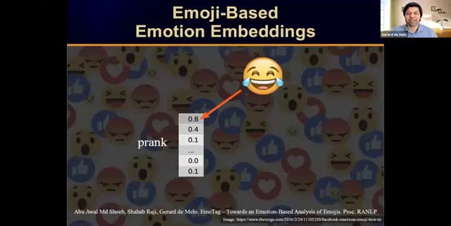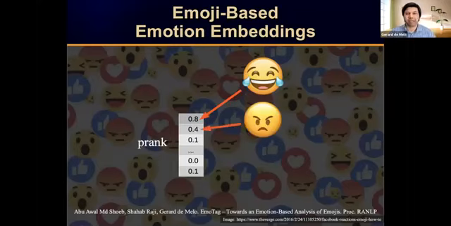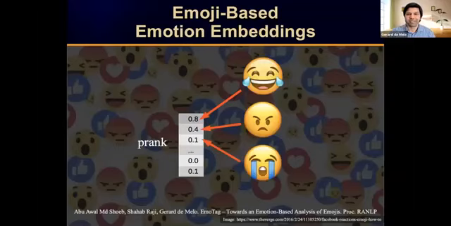So a word like prank is, of course, typically a funny word. You would use this sort of happy emoji, but you might also be angry if someone pranks you. And so you have another score for that emoji, and then maybe you're sad that you got pranked, and so there's also some small value there.